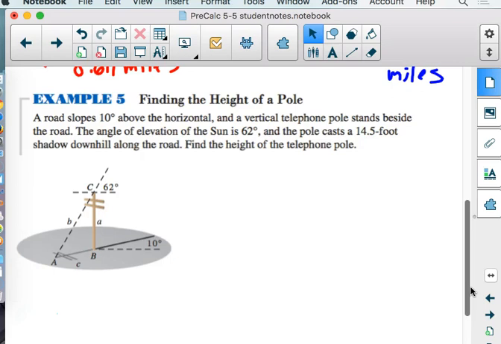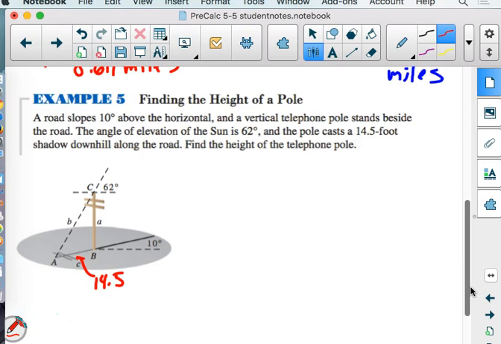And it says we've got a vertical telephone pole that stands beside the road. So here's the pole right here. The angle of elevation to the sun, 62 degrees. The pole casts a 14.5-foot shadow downhill along the road. Well, that's going to go right here. So that's our C value right there. Find the height of the telephone pole.